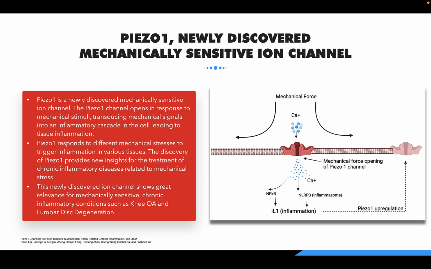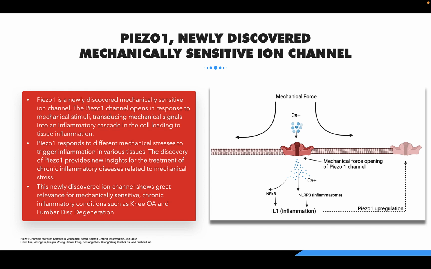So we touched briefly on this newly discovered mechanically sensitive ion channel, likely very relevant in a disc model, as the cells of the intervertebral disc express this Piezo1 channel. It is a newly discovered mechanically sensitive ion channel. The Piezo1 channel opens in response to mechanical stimuli, transducing mechanical signals into an inflammatory cascade in the cell, leading to inflammation.